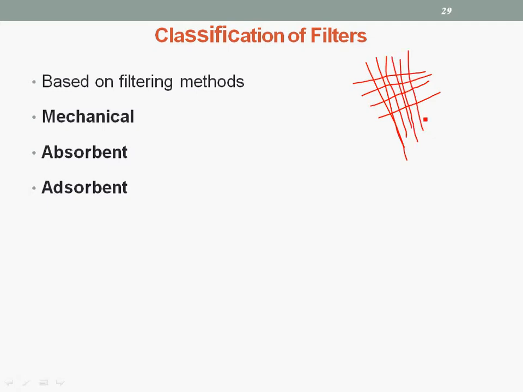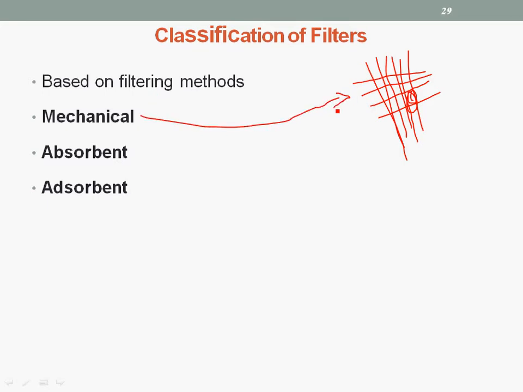The gap between these wires, each square block, represents the size of the dirt particle that has to be restricted. So that is the case of mechanical.